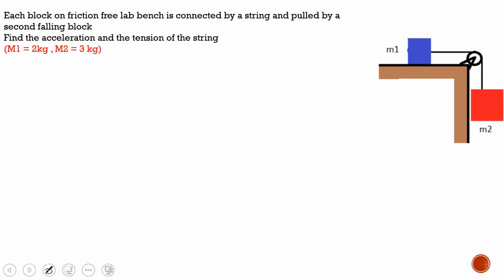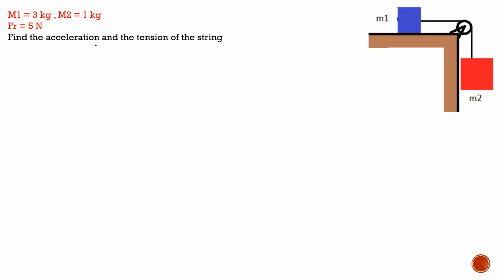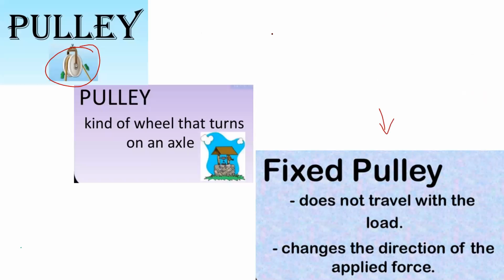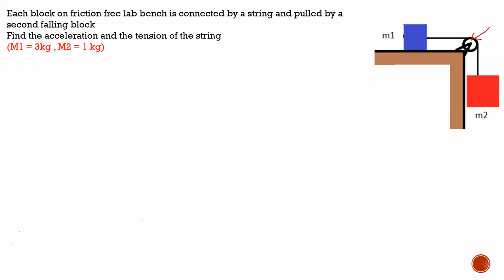Later on, we will solve another example, also without friction. Here, we will solve this example but with friction. And then we will talk about the two masses affected by a pulley, but on an inclined surface. Let's start now with this example here.